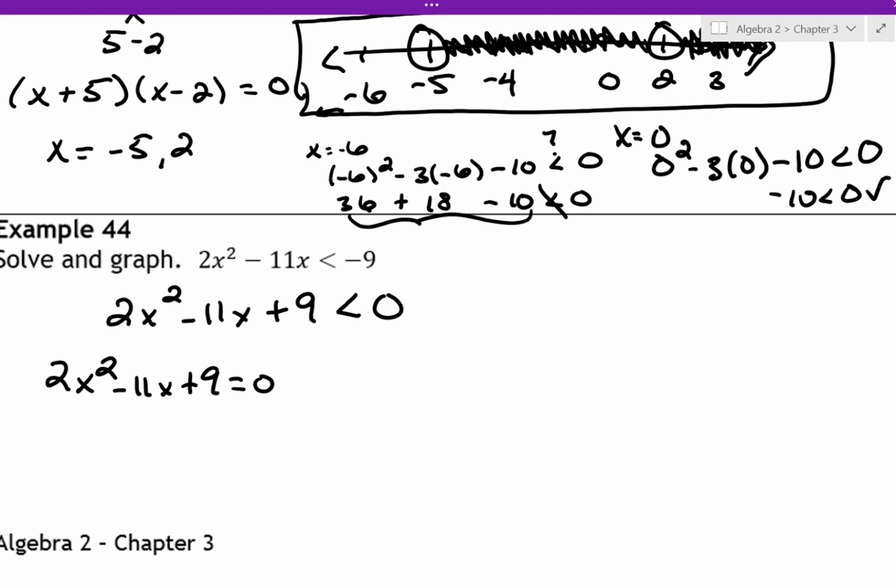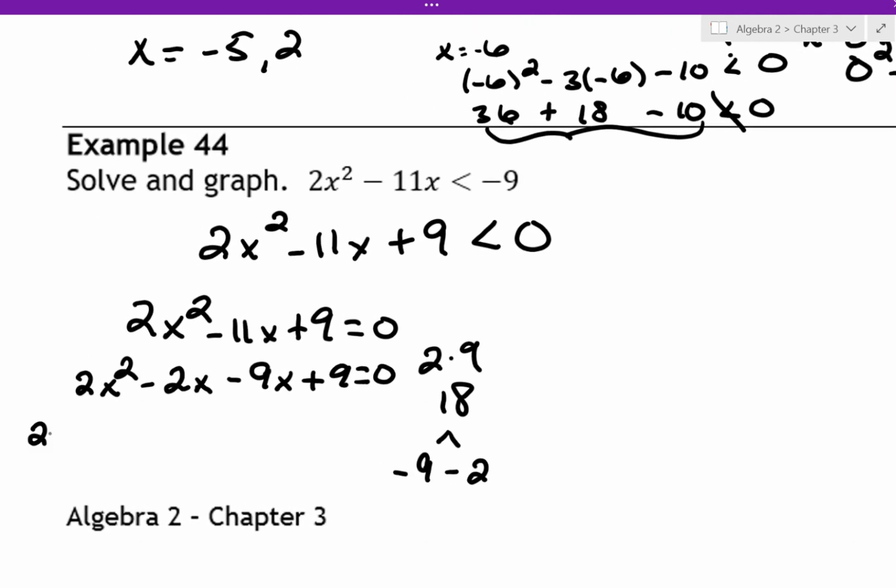Trying to find something that factors. I'm going to say 2 times 9 is 18. That breaks apart to be, let's say, negative 9 and negative 2, right? That adds up to a negative 11. So 2x squared minus 2x minus 9x plus 9 equals 0.